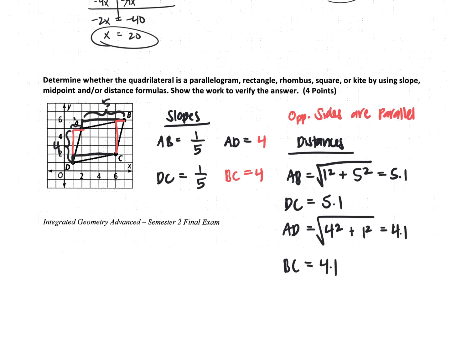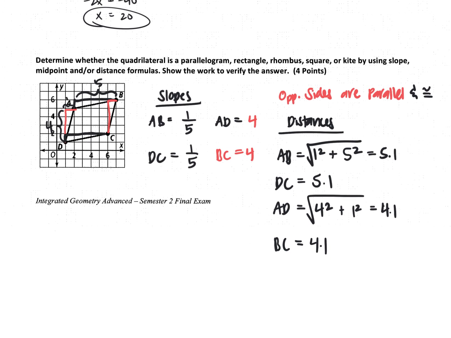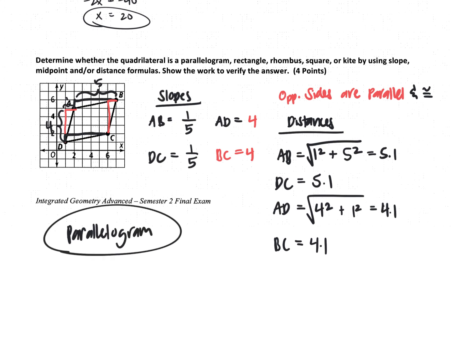So I know that opposite sides are parallel and congruent, which means that we have a parallelogram. If my slopes were opposite reciprocals, that would mean that they formed right angles, and we would have to see if it is a rectangle, that kind of stuff. So parallelogram for this one.